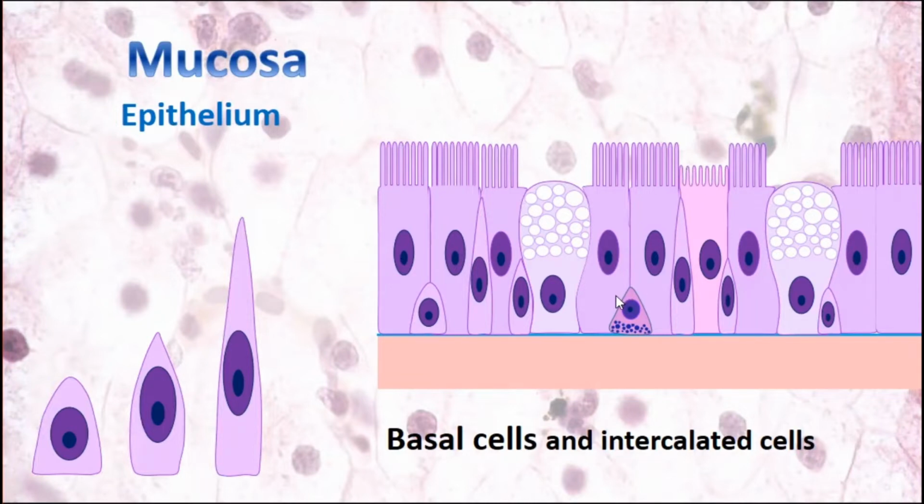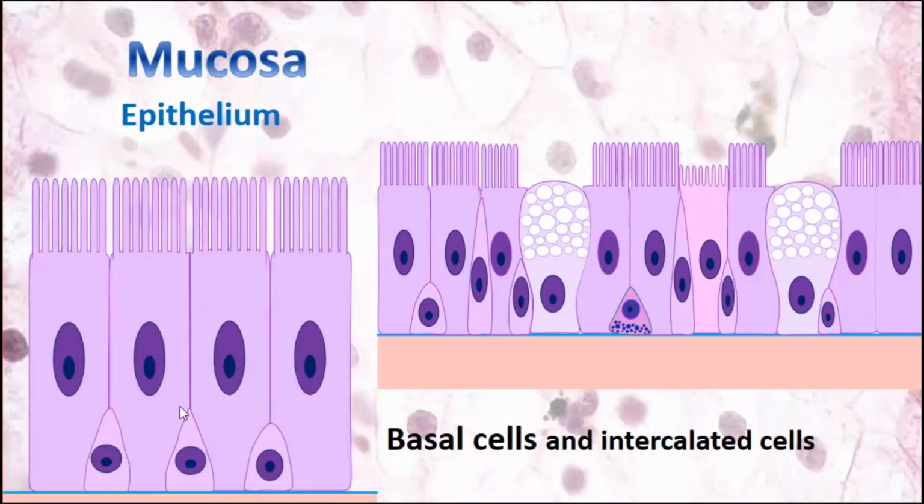So let's look at how this is provided. Here we can see ciliated cells, and between them near the basal pole we can see small basal cells. And this basal cell, let's look at this cell, it grows. It grows between the ciliated cells and becomes an intercalated cell. Here we can see the intercalated cell, the result of growth of the basal cell. And what happens next?